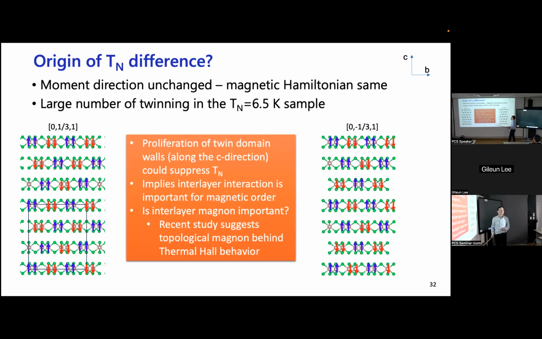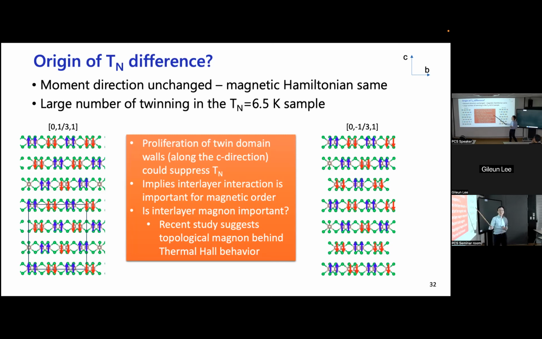And this is my attempt at a domain argument. So why are they different, right? One sample is completely clean and you have a 7.2 Kelvin transition, and another sample with a lot of twin domains has a suppressed Tn.